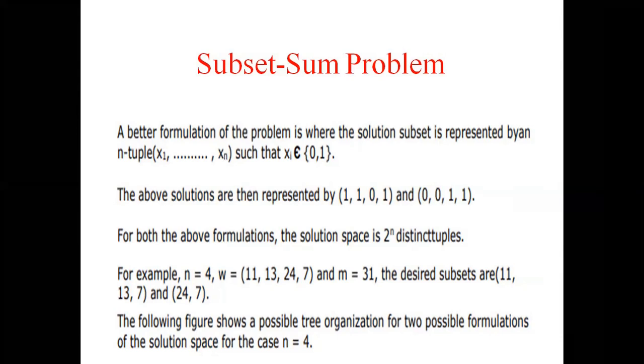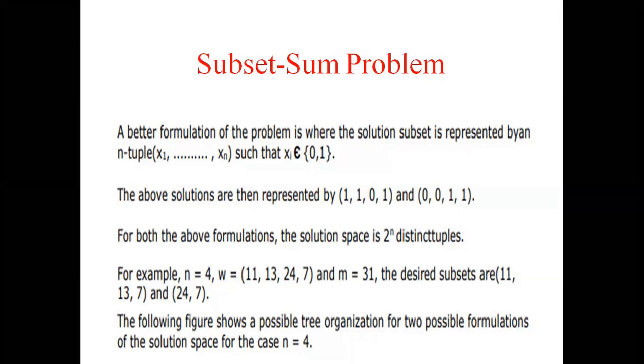If we add 24 and 7, then the value is 31. So you can take the subset 24, comma 7 as one solution set, and the subset 11, 13 and 7 is also equal to 31. Okay, these are the solution subsets. If we add some of the numbers, then you should get 31.